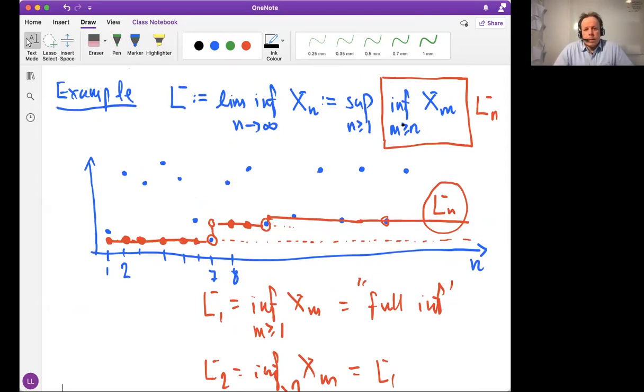All right, but to go on, what is actually the purpose of this example? My claim is that this L minus is measurable with respect to the tail sigma algebra.